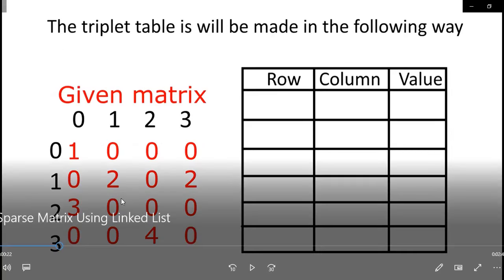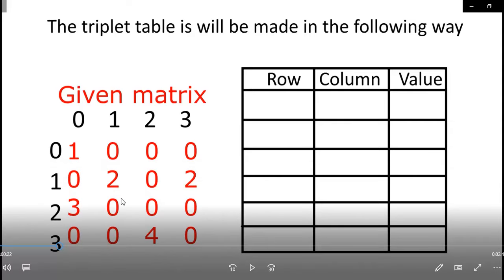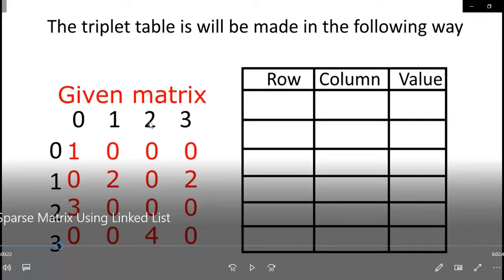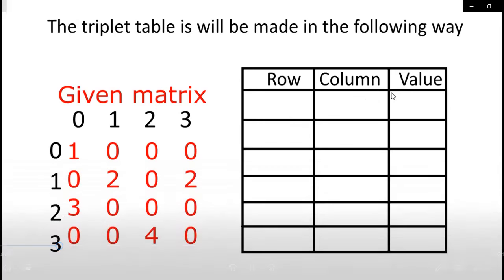Now we will see how we make a triplet table from the matrix. We already know this, but we'll see it once again. The given matrix is here on the left hand side, in red color. This is the column index, and this is the row. The first entry in the triplet holds some details about the sparse matrix.